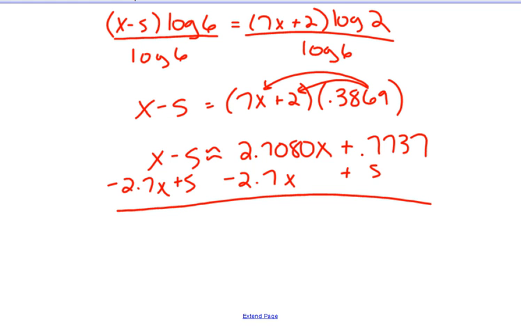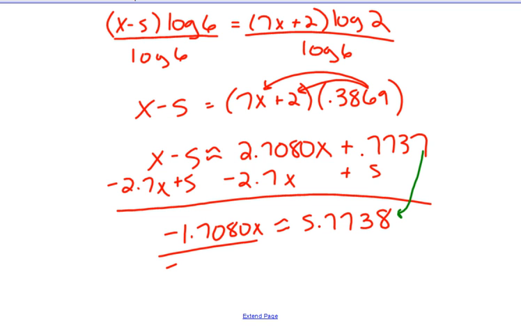So I ended up with negative 1.7080x equaling 5.7738 it ended up being. Now, you'll notice from here to here this changed from a 7 to an 8. That's because I did not use the rounded number. So it helped me be more precise in my answer. So make sure you are doing the same thing.